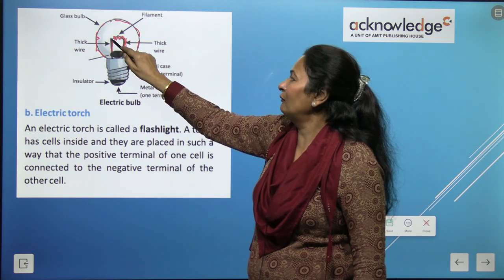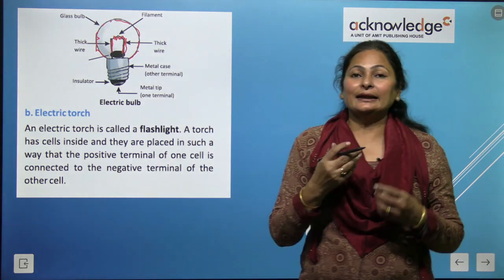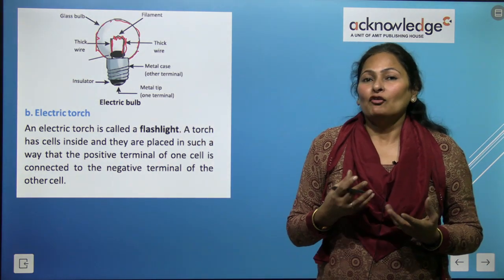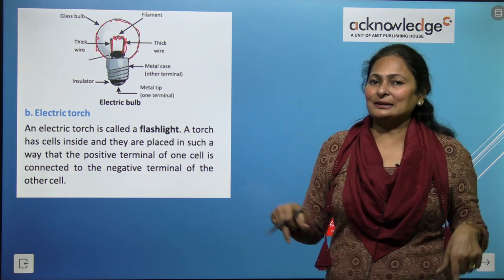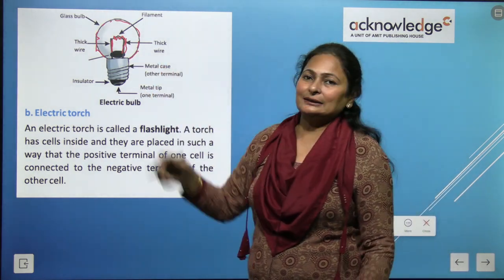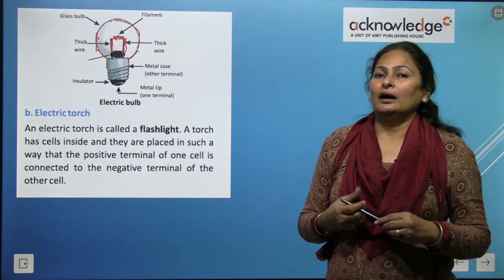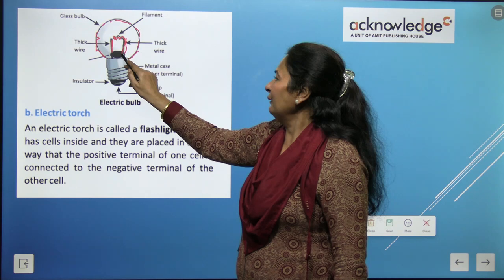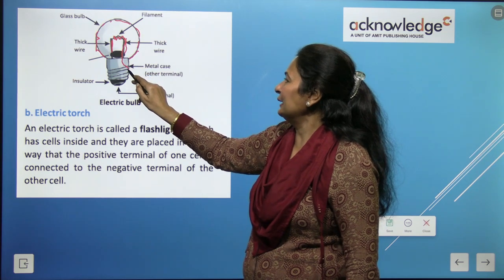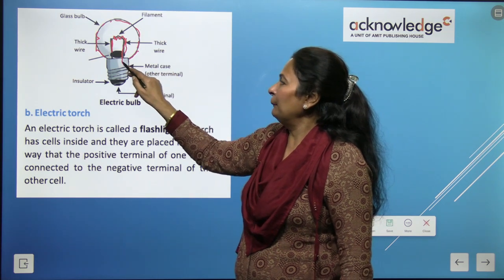These are two thick wires and they give support to the filament. When you learn about the circuit, how the electricity flows, they play a very vital role in it.